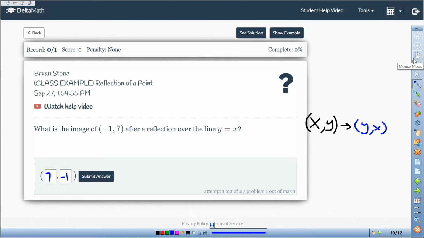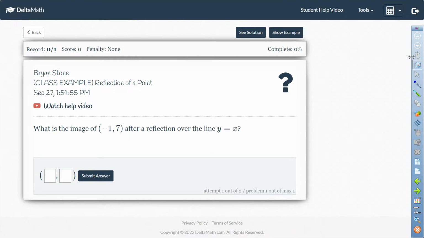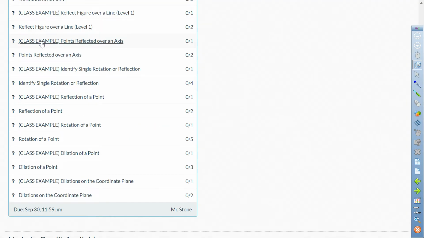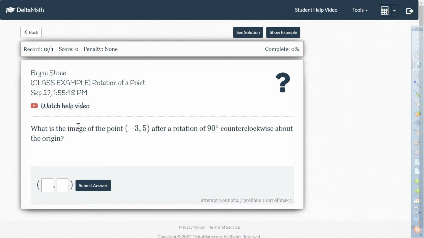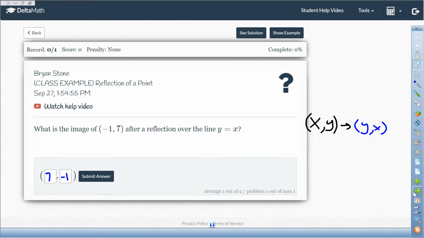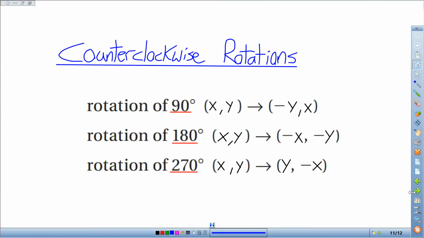Okay, so maybe pause the video, try some of these out. All right, moving on from here, let's look at the rotation of a point. I believe that's where we're at. These are the ones dealing with our counterclockwise rotations, 90, 180, 270. Make sure these rules are in your notes, especially if you haven't memorized them by now.